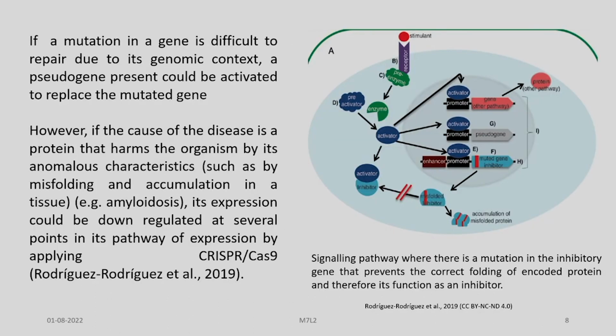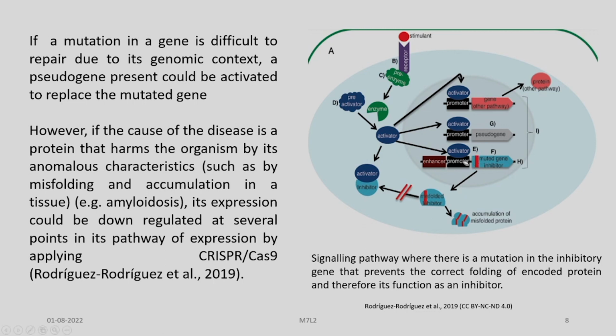Now, let us have a closer look into this figure. You can see here there is a mutated gene inhibitor, and this is the mutation, as shown in red color, which has happened.